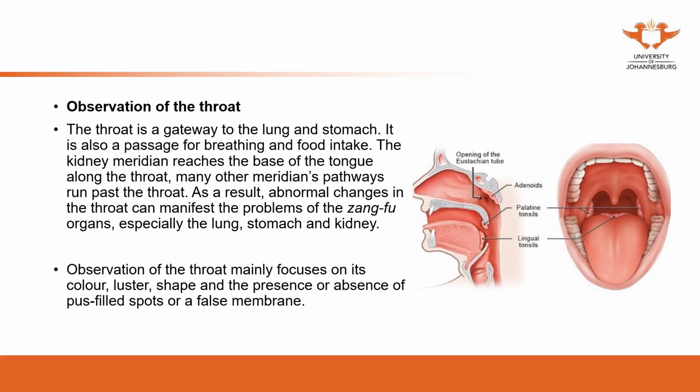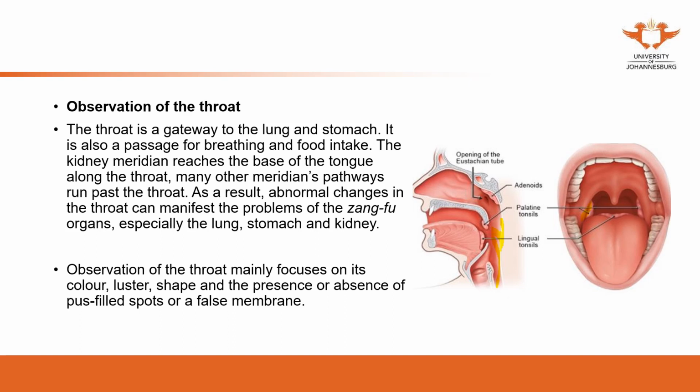The observation of the throat. It depends on which area of the throat, according to the meridian. At the back of the throat, the kidney meridian goes there. So if a patient presents with a throat problem at the back, it might relate to the kidney.